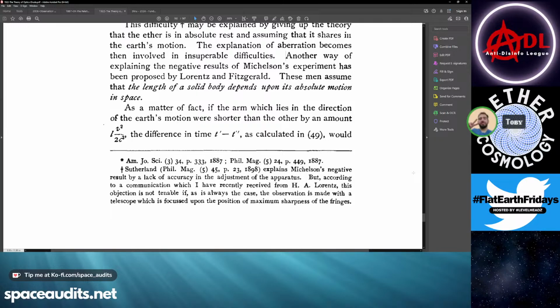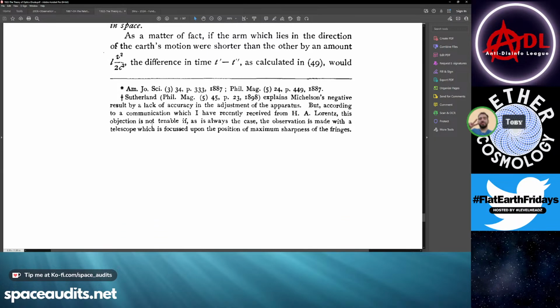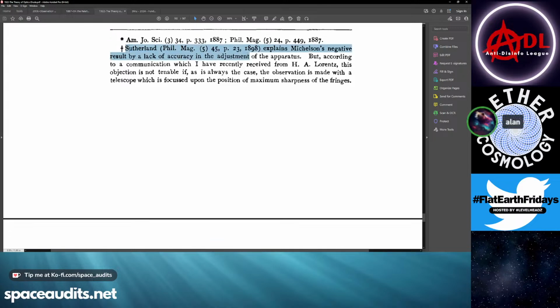As a matter of fact, if the arm which lies in the direction of the Earth's motion were shorter than the other by an amount of L times ν squared over 2c squared, the difference in time as calculated in equation 49 would be compensated. It's ν, the thing that's like a V for velocity.